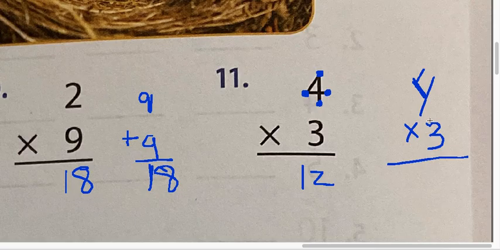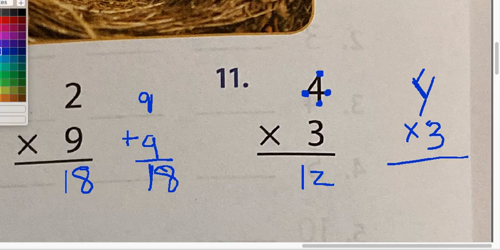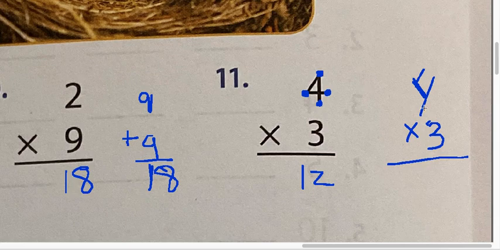That's 1. Okay, let me choose a different color. So that's 1, 2, 3. Now let's skip count by 4. Let's start. 4, 8, 12. So we have what? We have 12.